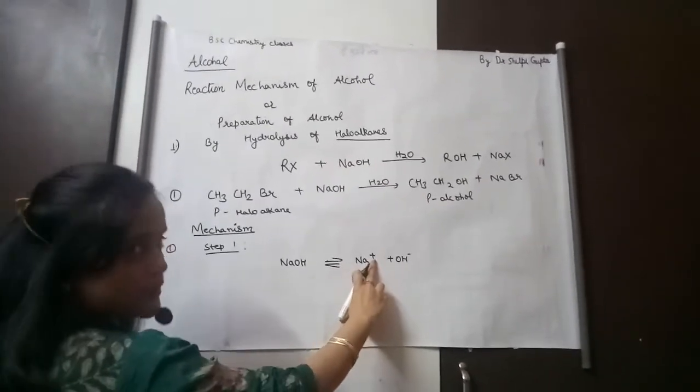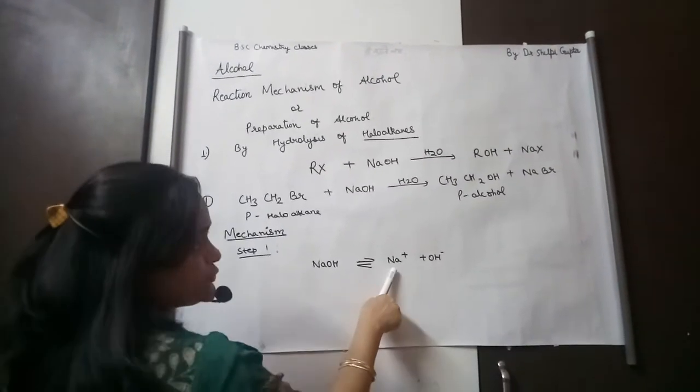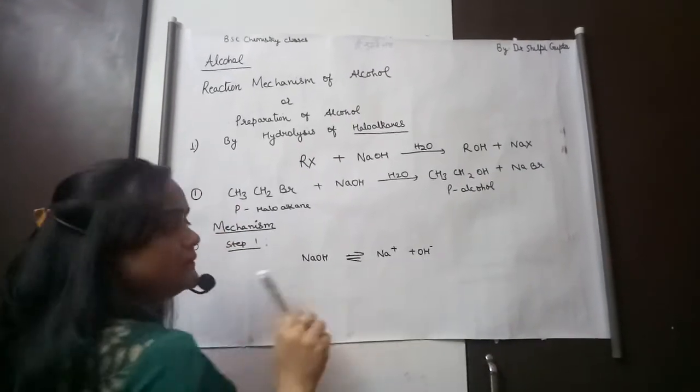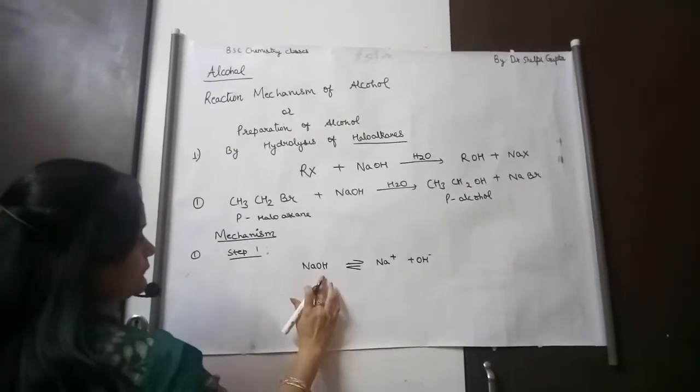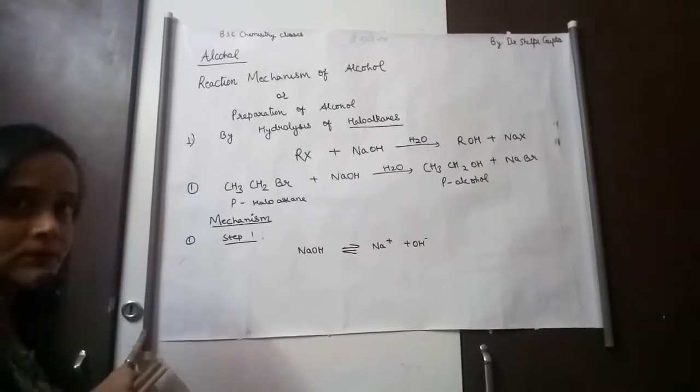Sodium has a positive charge, which means it is deficient in electrons. It is electron loving and nucleus loving. It is electrophilic and the hydroxide is nucleophilic. So step 1 means the reagent sodium hydroxide will dissociate into two parts.